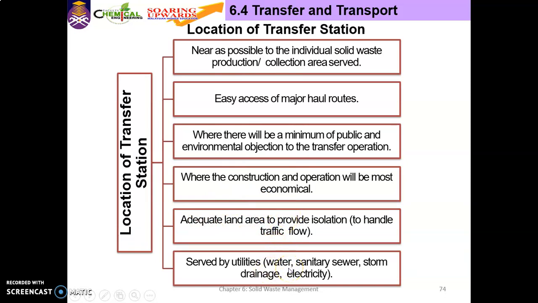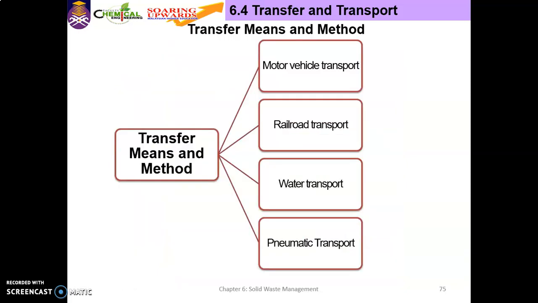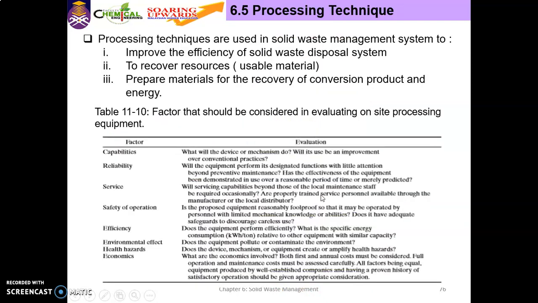Should be water, sanitary sewer, storm drainage, and also electricity for the transfer station to operate. Then the method, either motor vehicle transport, railroad transport, water transport, and also pneumatic transport.